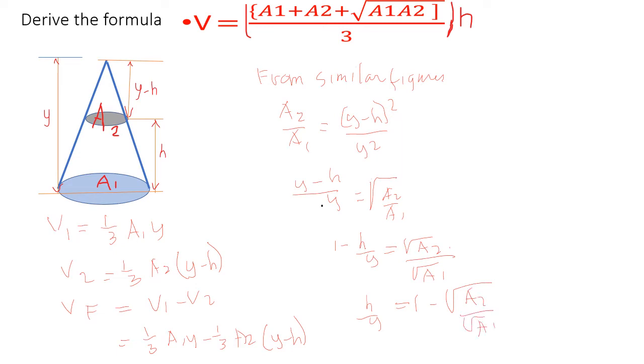So we'll continue. You have that Y equals H all over 1 minus square root of A2 over square root of A1, and Y is equivalent to H all over (square root of A1 minus square root of A2) all over square root of A1.